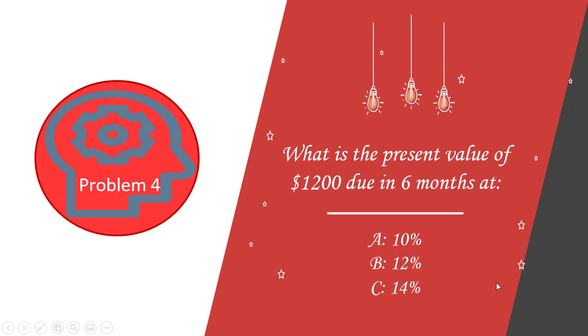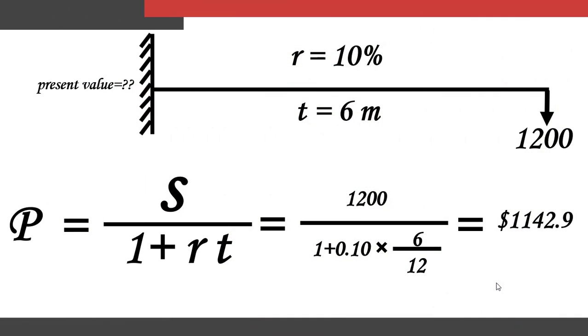Let's start with A, 10%. After drawing the timeline, the future amount $1,200 after T equals 6 months with rate 10%, we need to calculate the present value, or the value at the beginning of 6 months, by using the formula P equals S divided by 1 plus RT.